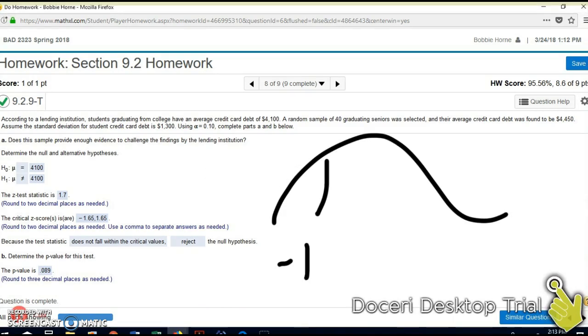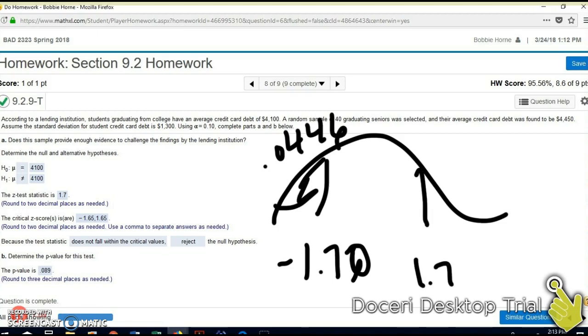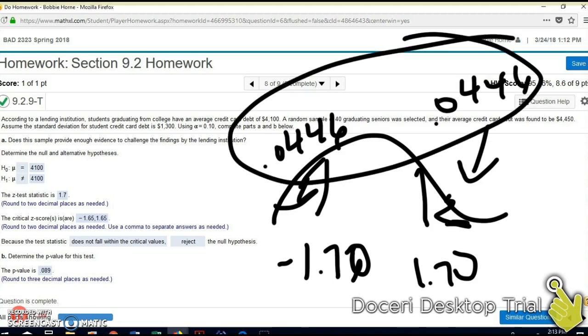Here's 1.70. That would be that, and then over here would be 0.0446. So if you add those up or times it by 2, that's how you get 0.089 when you round.